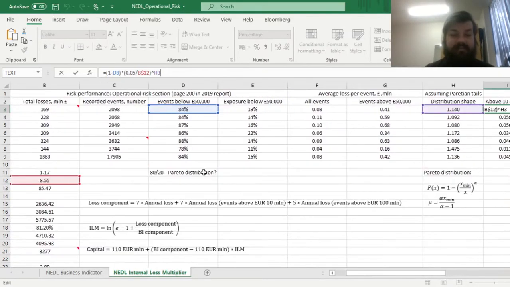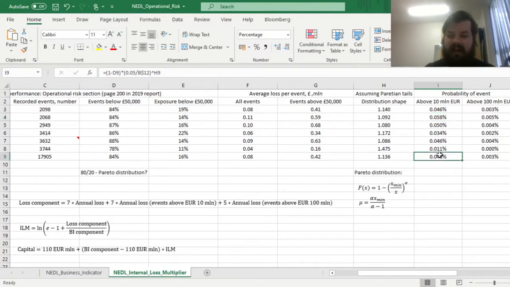To get that, we first need to factor in how much of our events are above £50,000, so 1 minus 84%, only 16% of those events are above £50,000, and then plug in this value of the cumulative distribution function, as this value gives us the insight into what is the probability of the loss not exceeding some amount. The probability of the loss exceeding that amount would be this component, which is what is subtracted from 1 in the default case, and that's what we account for over here.